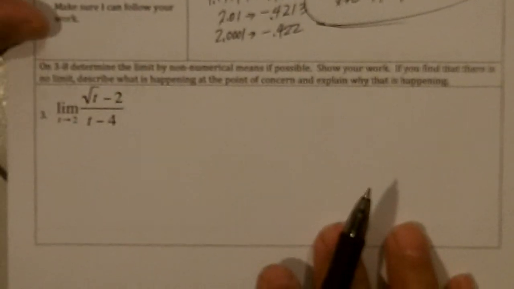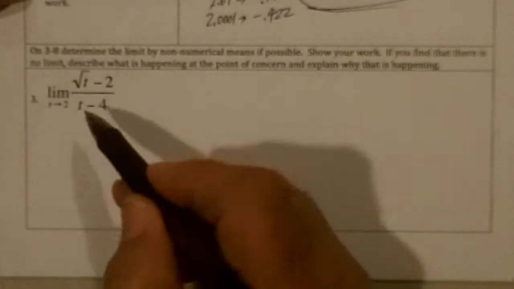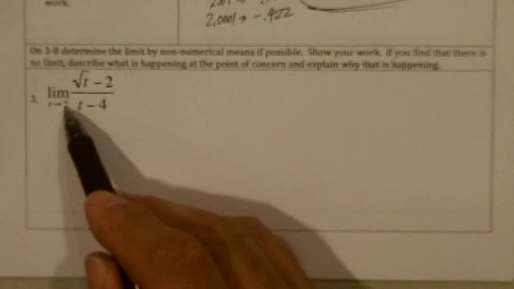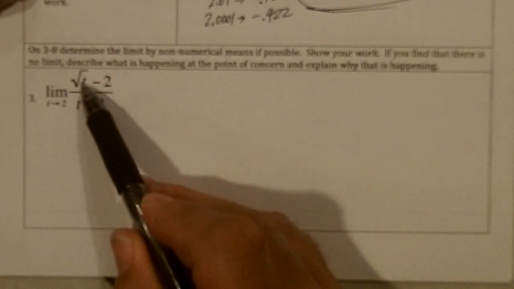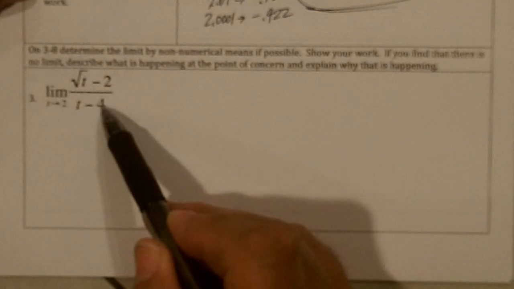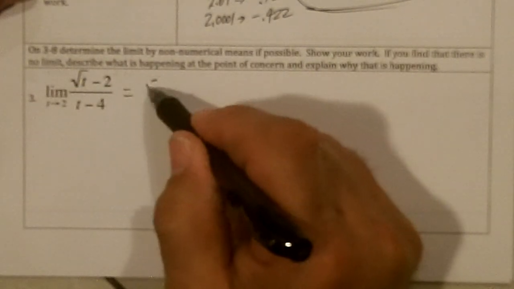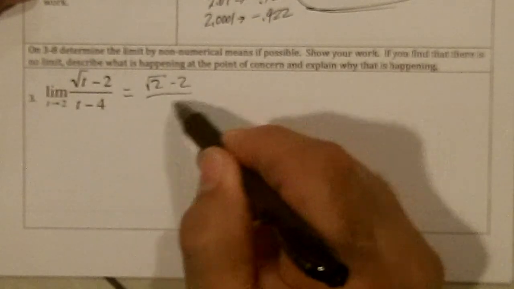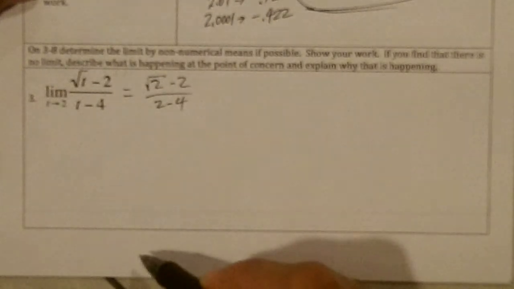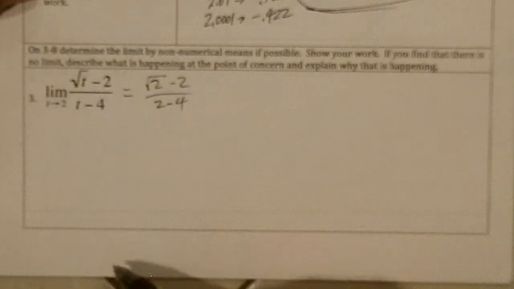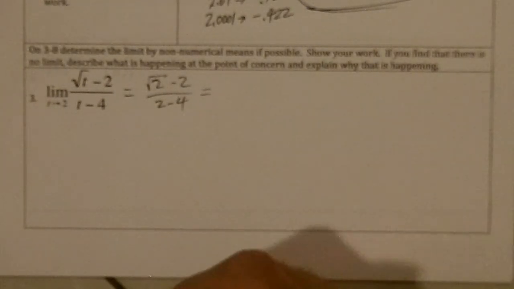And number 3, I actually made a mistake on this when I wrote this one. If you put 2 in, you get not 0, not 0. So you can just say the limit would be square root of 2 minus 2 over 2 minus 4. But that's not what I wanted you to do here. So that would be the answer to this one, which you could write as a decimal or leave it like that.